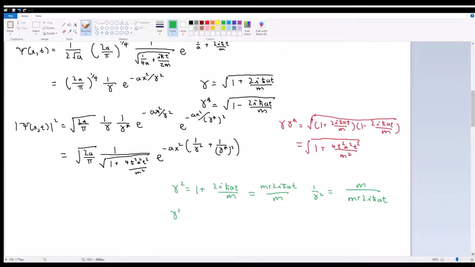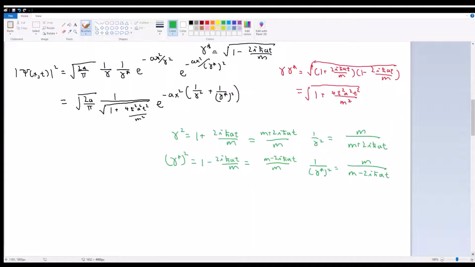Similarly, gamma star squared is going to equal 1 minus 2i h bar at over m, which is going to equal m over m minus 2i h bar at. So 1 over gamma star squared is going to equal m over m minus 2i h bar at.